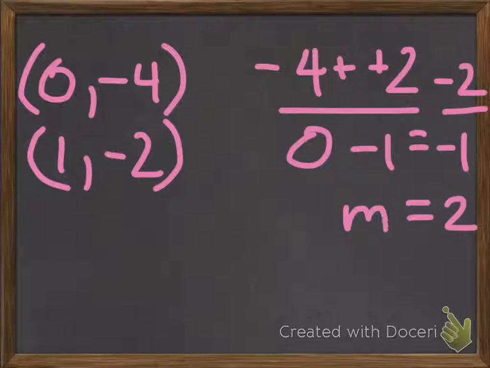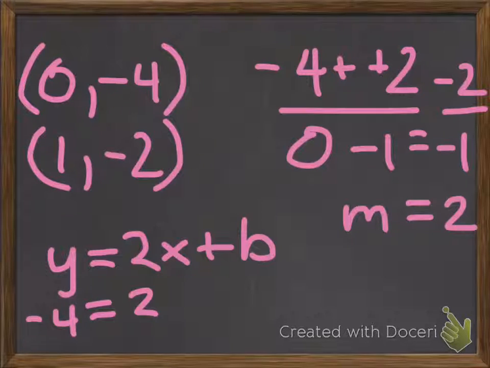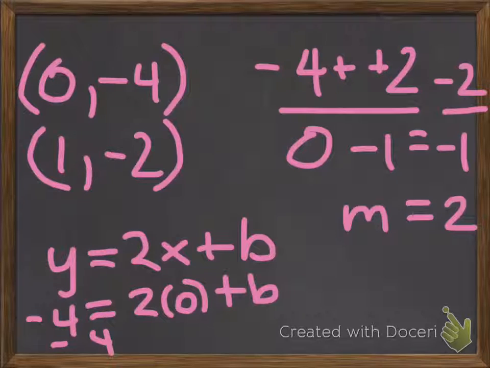So that's our m value. And then we plug in our m value and 1 point, doesn't matter which point, for x and y to find our b value. So let's plug in -4 for y, 0 for x, and we get -4 equals 0 plus b, or just b. So b is -4.